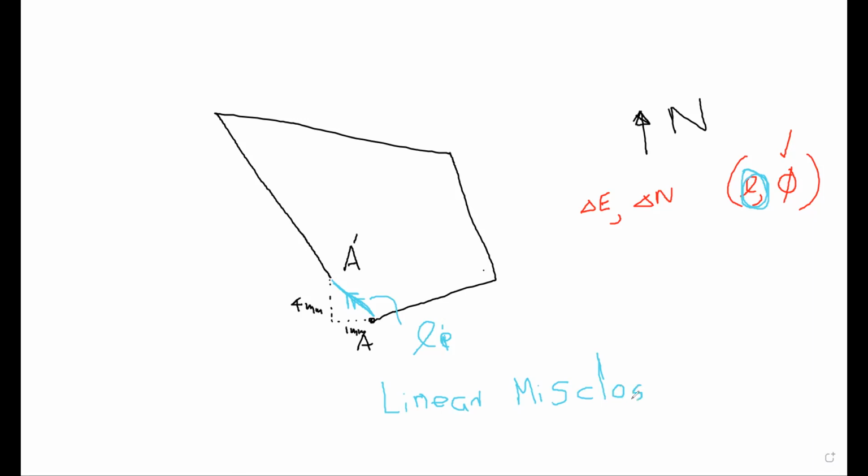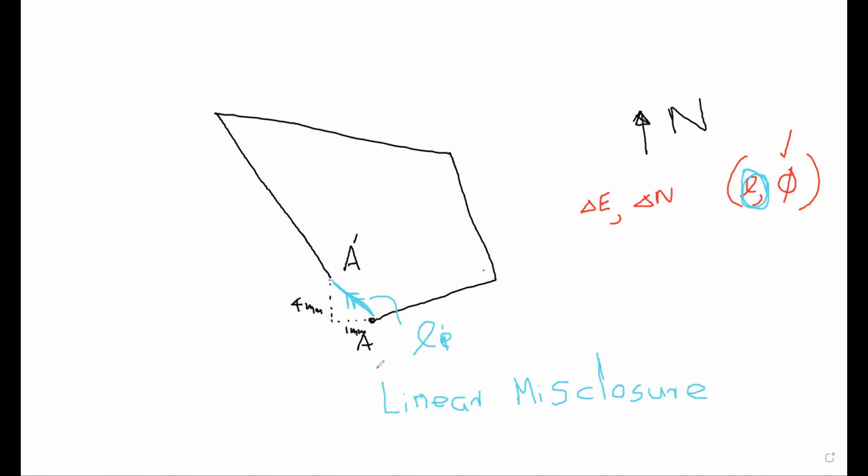It is not closing because of the errors of the lengths or linear measurements. So we name it linear misclosure. In the previous case, the misclosing of the angles we called angle misclosure.